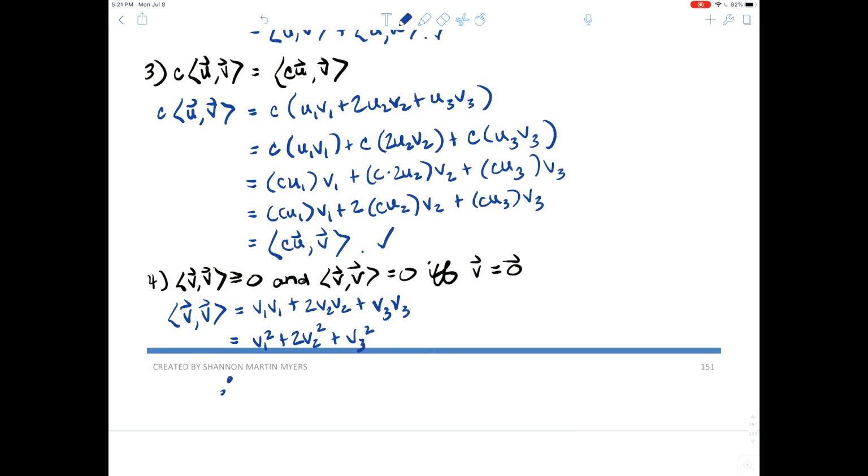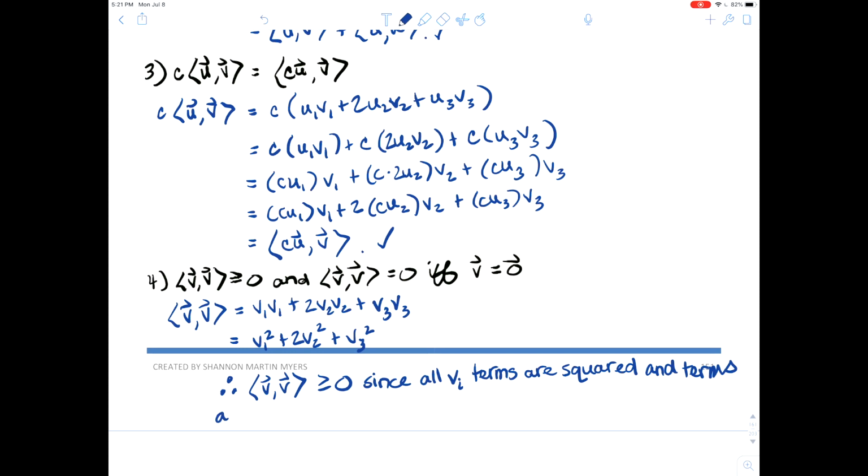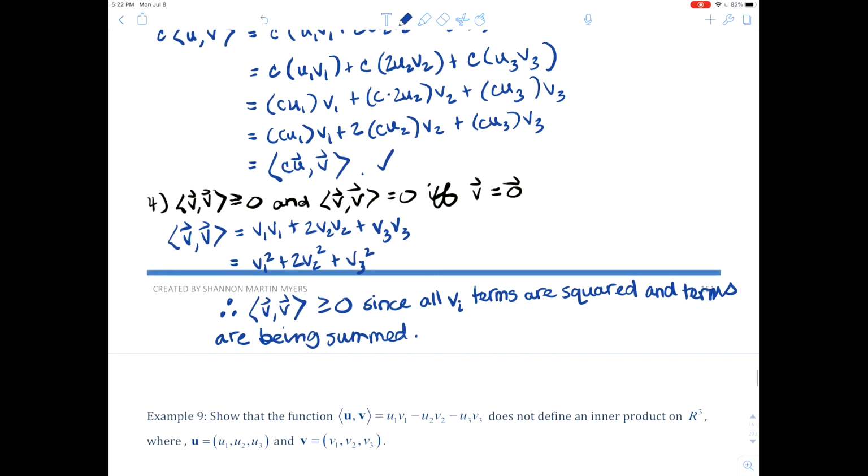So we know that the inner product of v with itself has to be greater than or equal to 0, since all vi terms are squared and the terms are being summed. Cool. So that's one part of it.